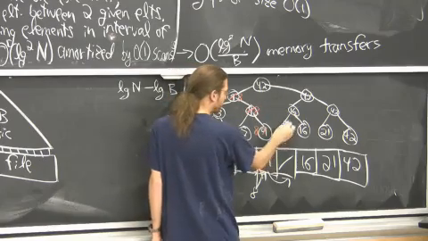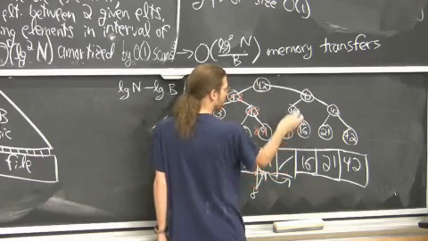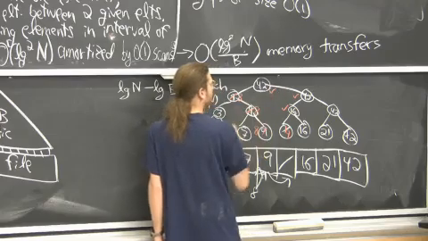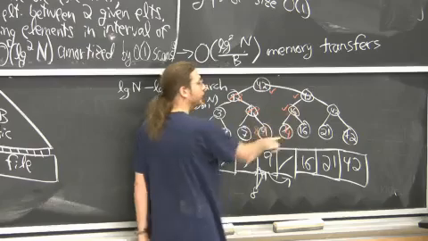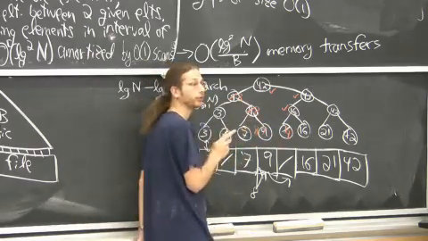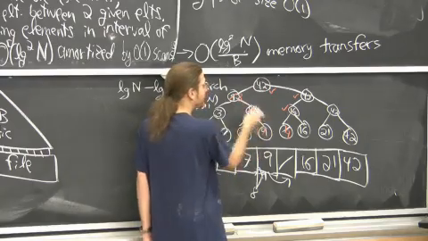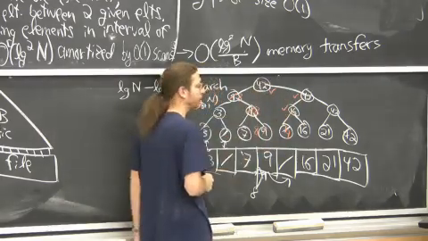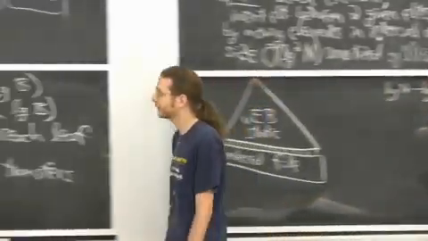So here I change this value to 9. This one doesn't change, so this is okay, this is okay, this is okay. Just taking the maxes as I propagate up. So the red things are the nodes that I touch and compute the maxes of, and the order I did it was a post-order traversal. I need to do a post-order traversal in order to compute maxes. I need to know what the max of this subtree is and this subtree before I can recompute the max of the root. Okay? So it's really the obvious algorithm.